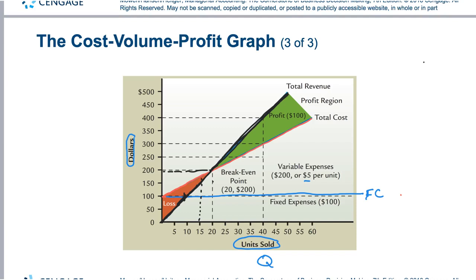Even without doing all the math, if you have these lines drawn on a graph, you can just see where you're going to be at different levels. At 50 units, yep, you are going to be making a profit, okay? So that's kind of how people use these graphs. It's nice to have a visual representation of those things that you are calculating.